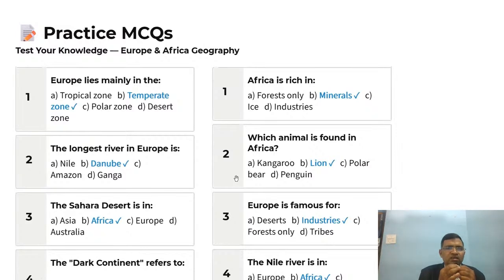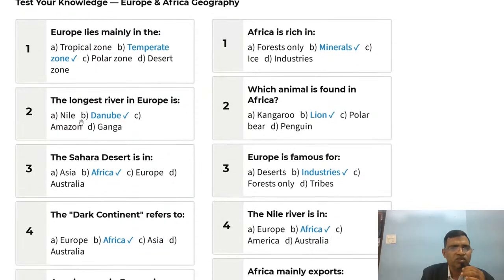Europe lies mainly in which zone: tropical zone, temperate zone, polar zone, or desert zone? Europe mainly lies in the temperate zone. The longest river in Europe: is it Nile, Danube, Amazon, or Ganga? The Danube.